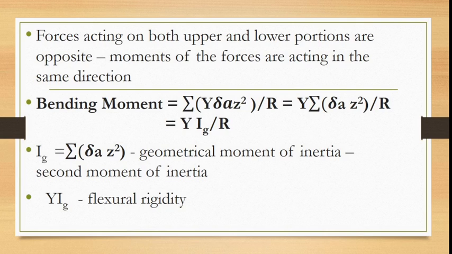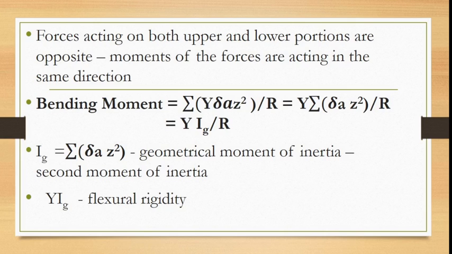And this sigma delta A into z square is known as the geometrical moment of inertia of the sectional area, and it's also known as the second moment of inertia, denoted by I suffix g. We know that capital I is used to represent moment of inertia, isn't it?